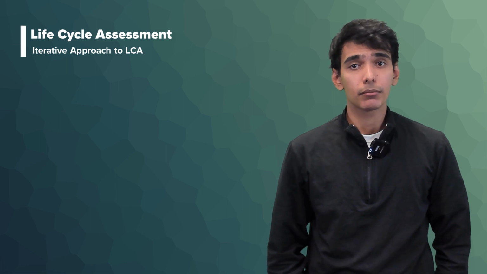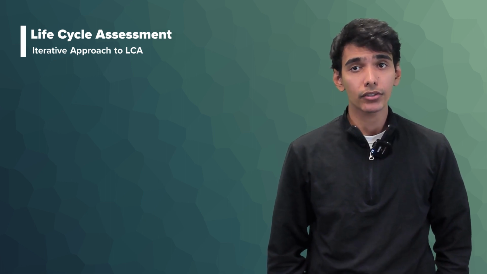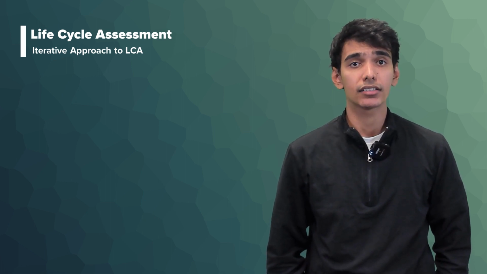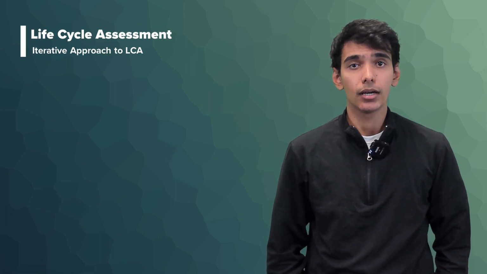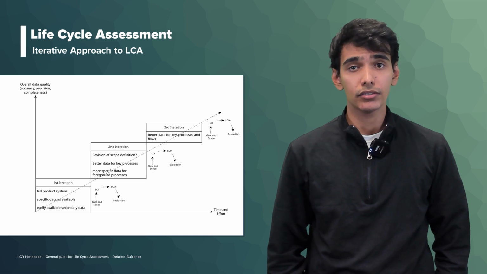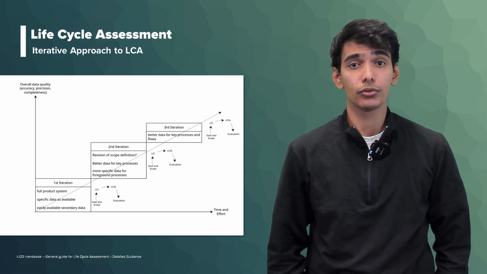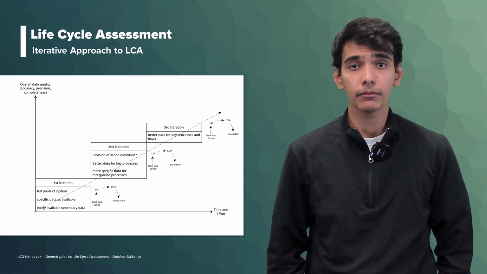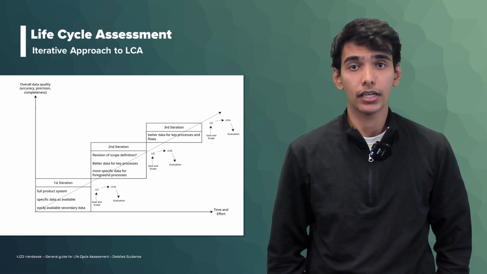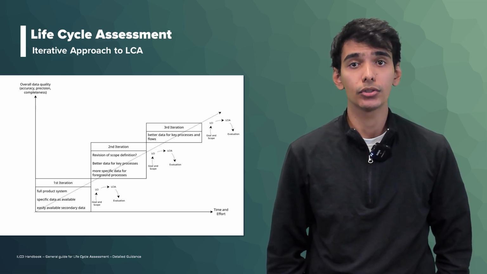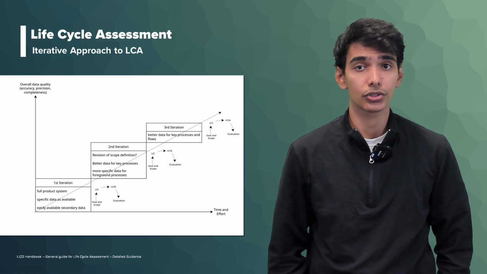This basically comes to the point that is very, very important, that lifecycle analysis is a very iterative approach. So you might have your first iteration where you take into account your full product system, and you have very specific data for your LCI, and you also have very easily available secondary data, and you use this and you come up with some kind of a conclusion.